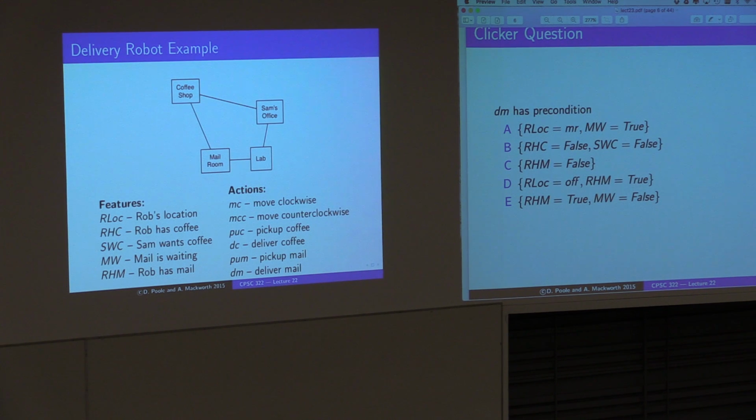Does anyone need more time? Right, it can deliver mail when it's in the office and robot has mail is true. So that's when we can deliver mail here. Does that make sense? It can only deliver mail to the office according to this funny thing we had before.